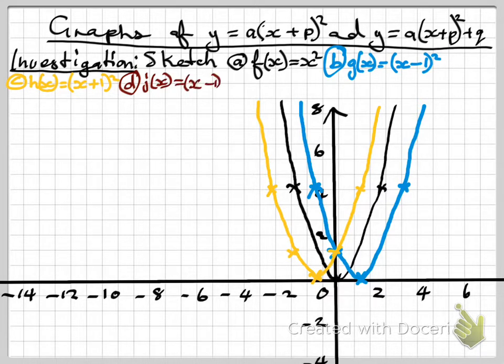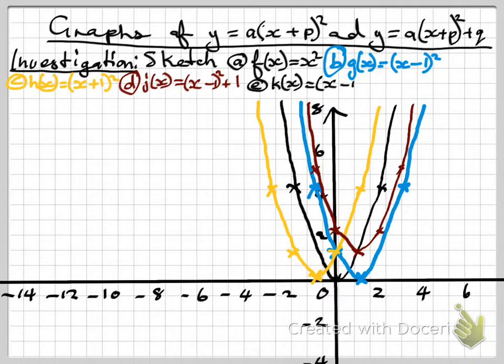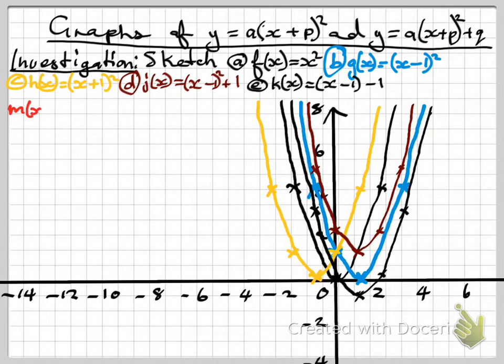And then in the function j of x, we reduce p and increase q. You see the graph moves to the right and 1 unit upwards. And with k of x, we reduced both parameters q and p, and the graph shifts to the right and 1 unit downwards.